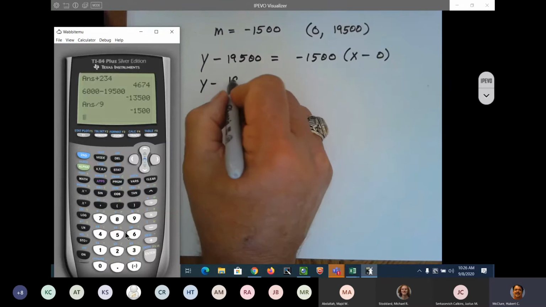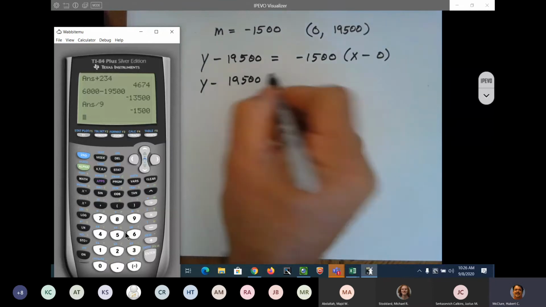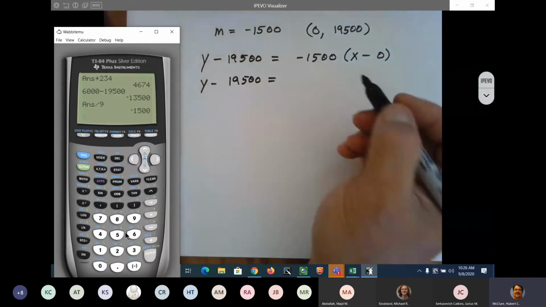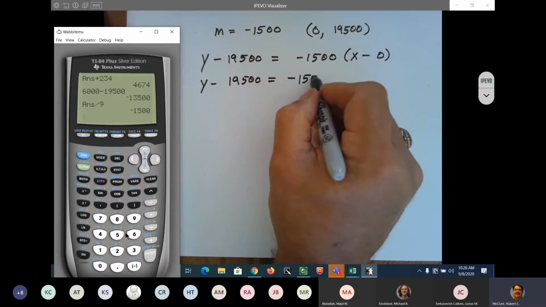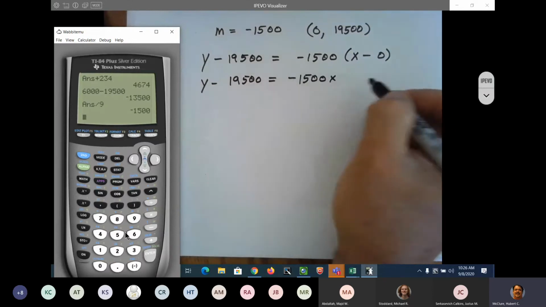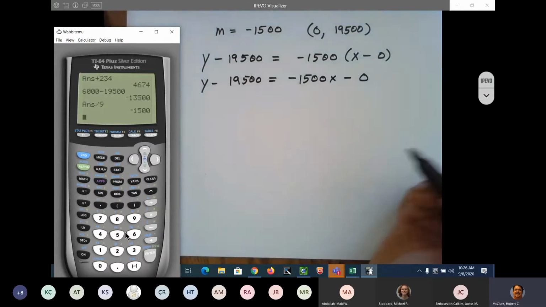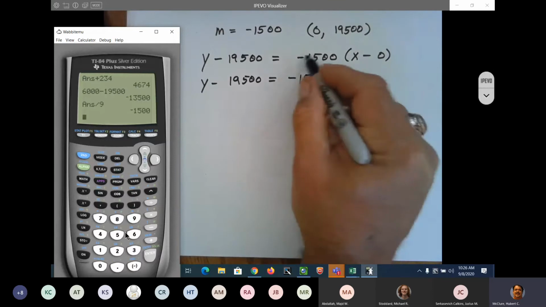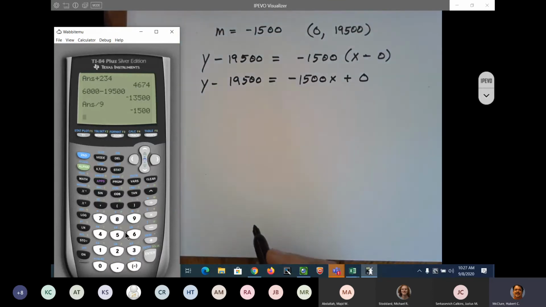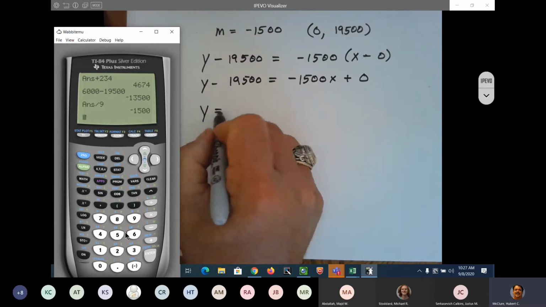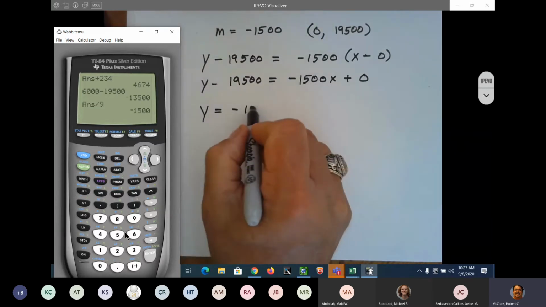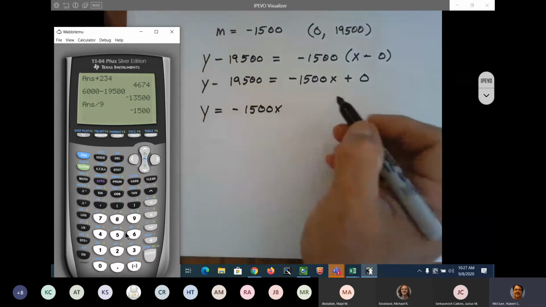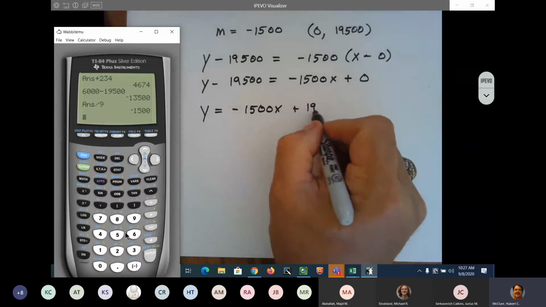Negative times negative is positive, doesn't matter. And then y is equal to negative 1,500x plus 19.5.